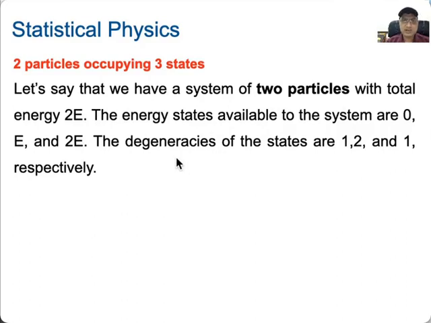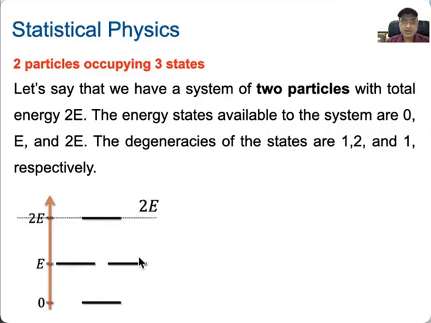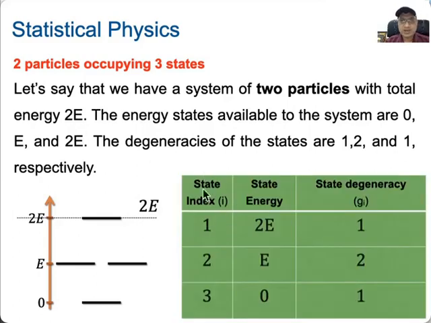Let me explain in a simple way. Here is my energy spectrum. Here is energy E equal to 0. Here are the two-fold degenerate energy states E, and here is a single-fold or non-degenerate energy state 2E, and now I have two particles whose total energy is 2E. Here the state index I am going to represent by i.